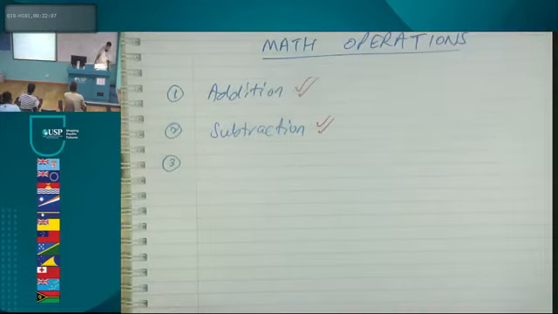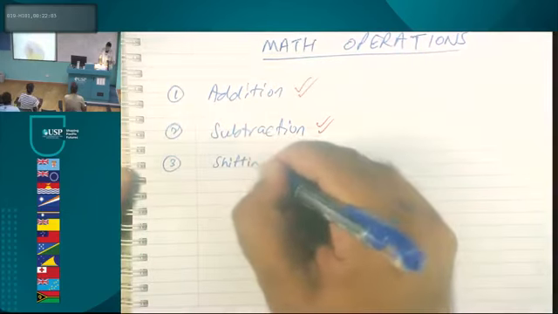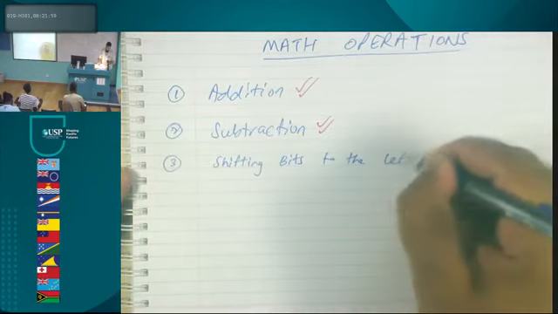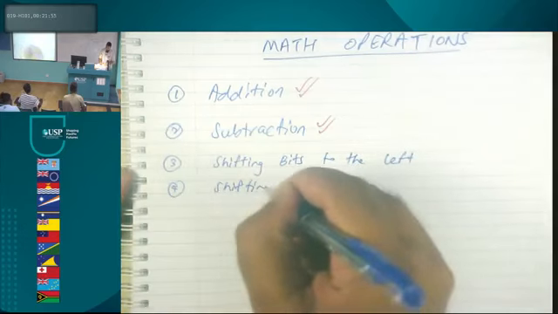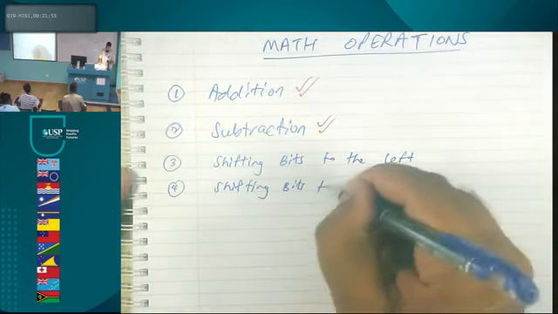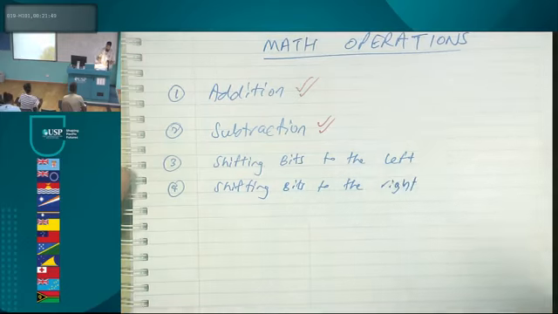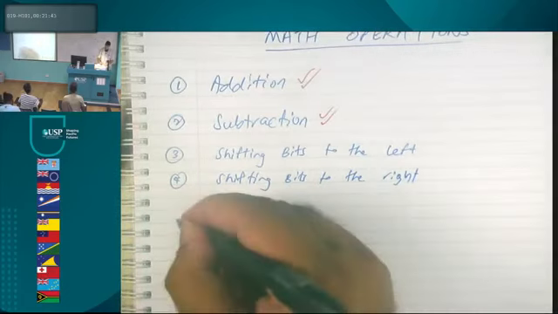Now let's consider these two. Shifting bits to the left. Number 4, shifting bits to the right. All right. Okay, let's do number 3.